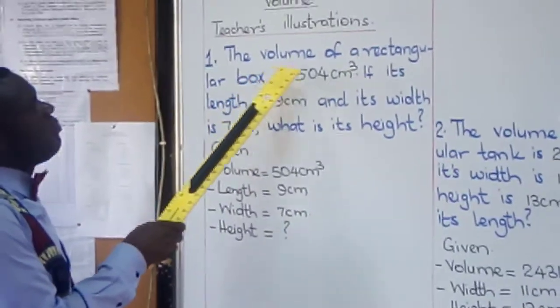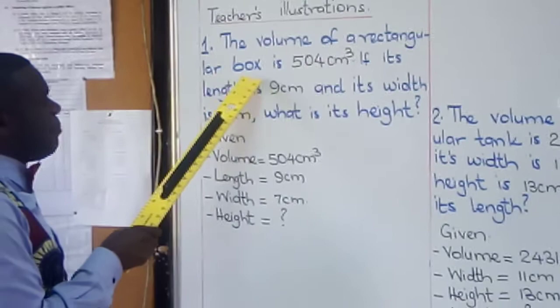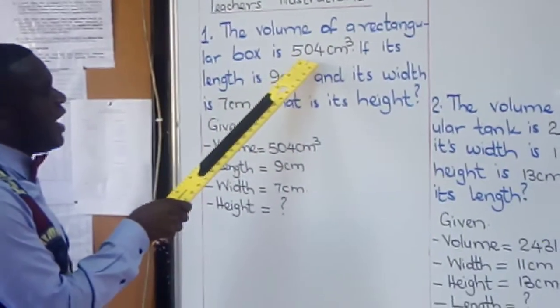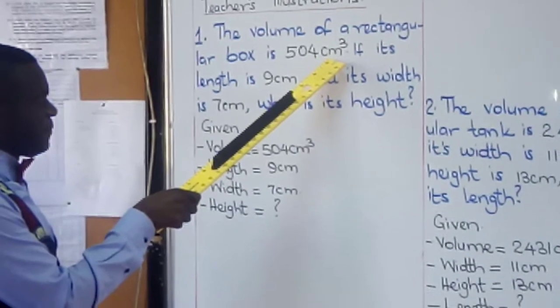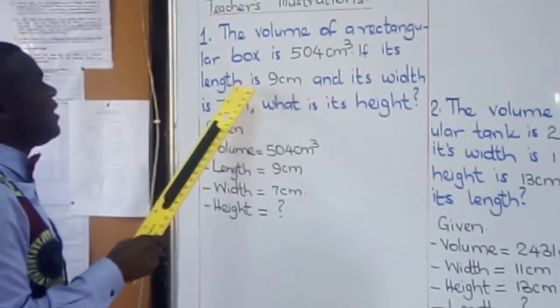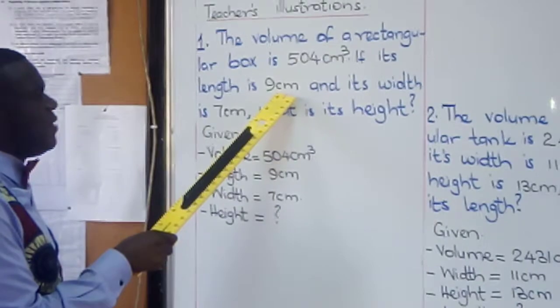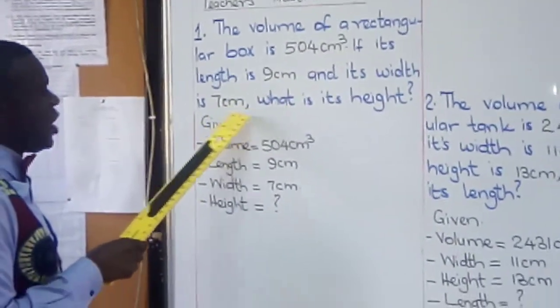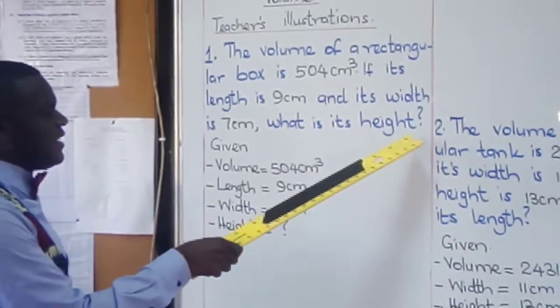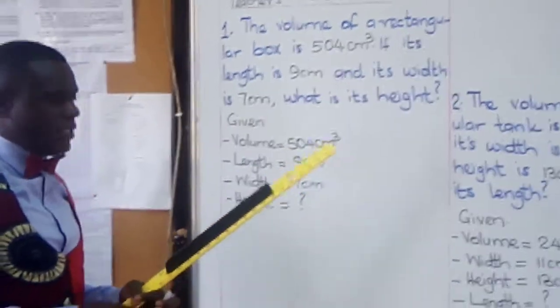The volume of a rectangular box is 504 cubic centimeters. If its length is 9 centimeters and its width is 7 centimeters, what is its height? I want to repeat the question.